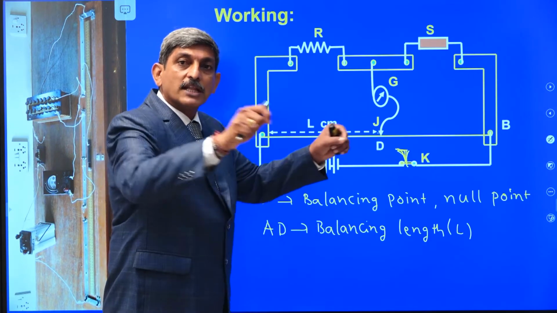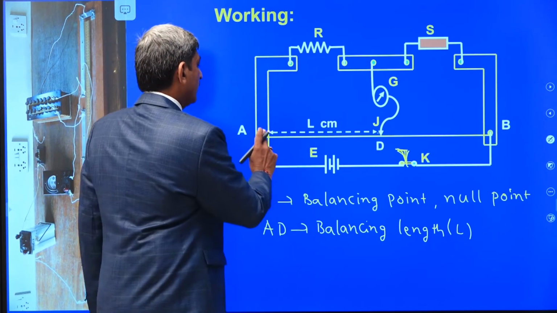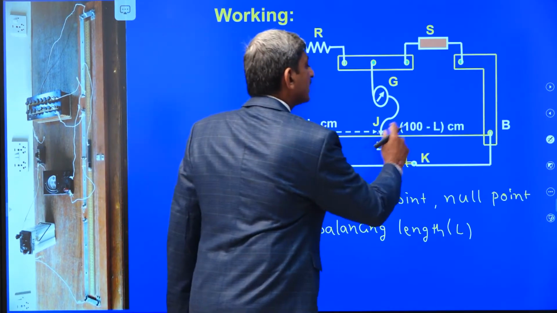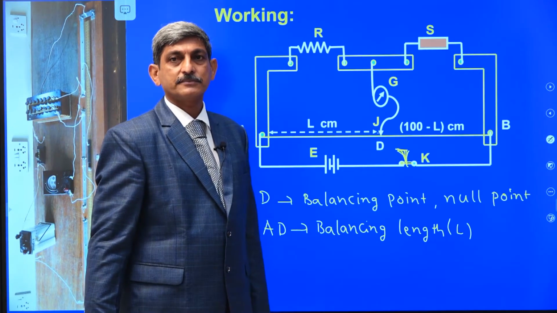We know that the total length of the wire is equal to 1 meter or 100 centimeters. If the length of this portion is L, then the length of the remaining portion is equal to 100 minus L centimeters.